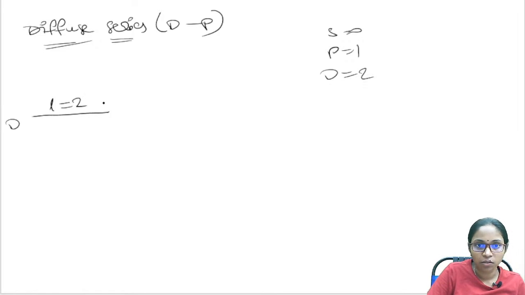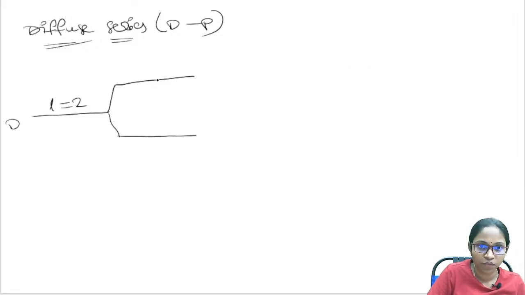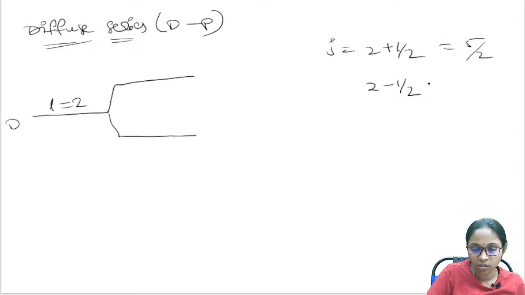L value is 2, and it will also split into two energy levels. J value is L plus S and L minus S. L plus S is 5 by 2, L minus S is 3 by 2. Here we have 5 by 2, 3 by 2.